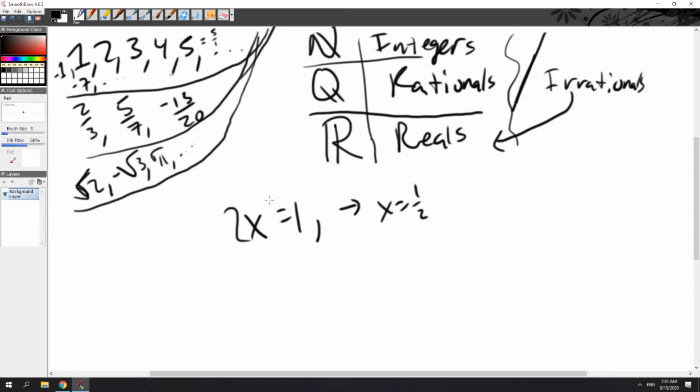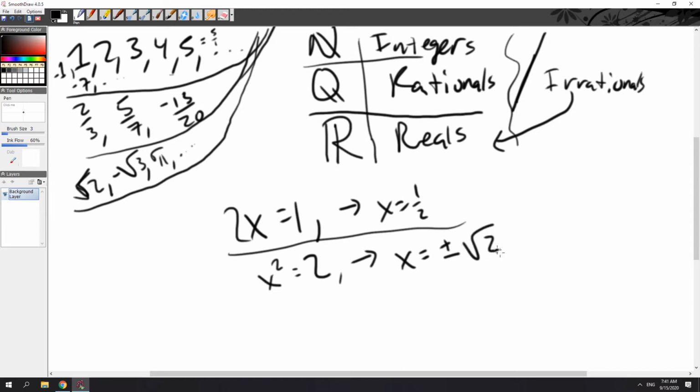We're able to solve this, and the answer is a rational number. If I say x² = 2, we can solve that too. That means x is either the positive or the negative square root of 2. We can get that as answers.